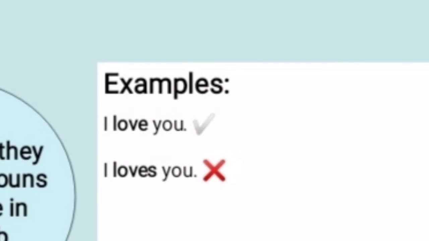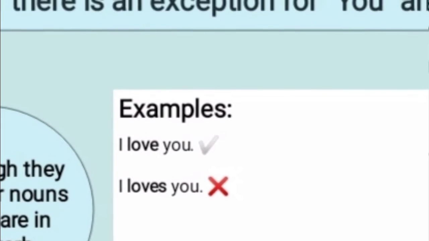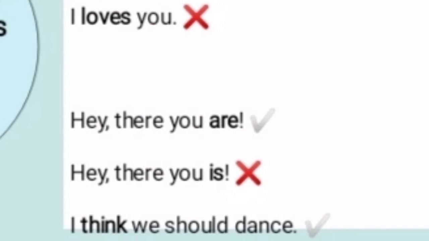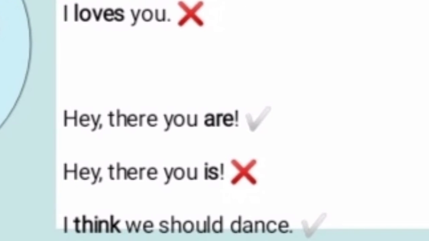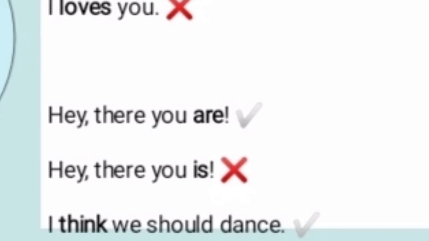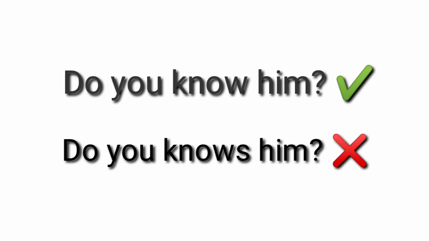Supposedly, it should be I love you, not I loves you. And it should be hey, there you are, not hey, there you is. Next is I think we should dance, not I thinks we should dance. And the last one, do you know him? Not do you knows him? That's wrong.